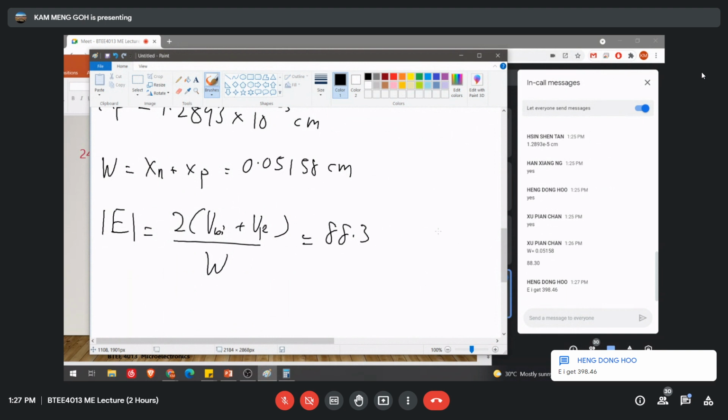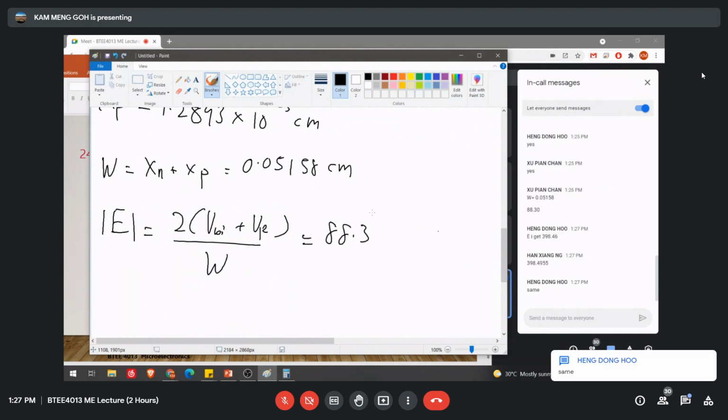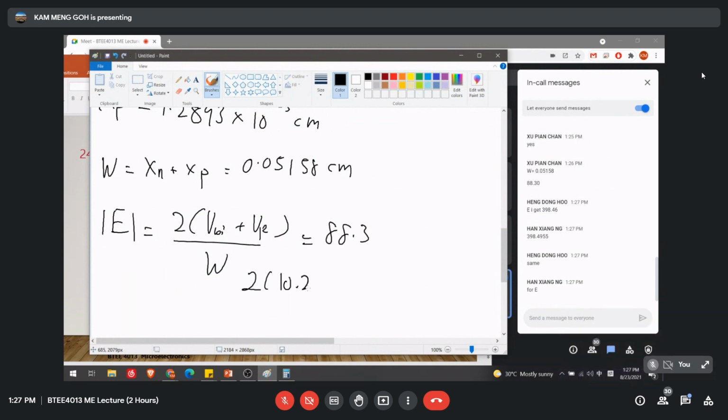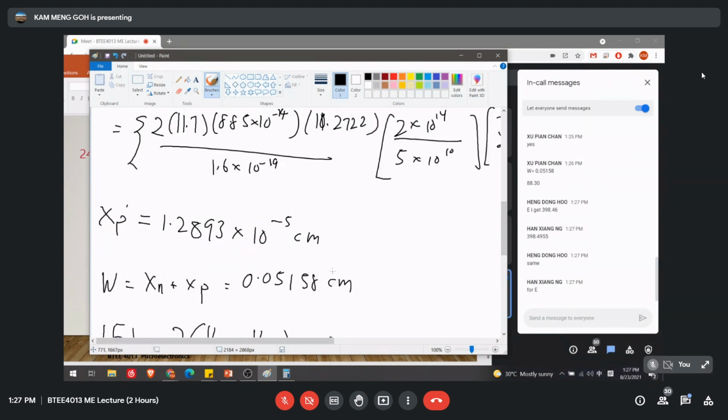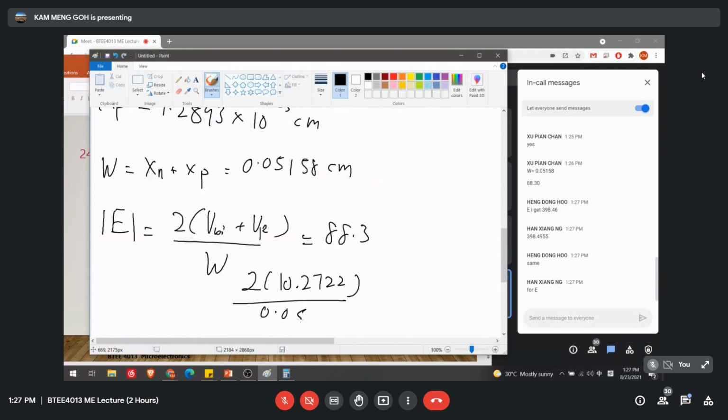E, you get 39.46. What about W? Do you get W? So this is 2 multiplied by 10.2, 10.2 something, just now the value 10.2722 divided by 0.05158.